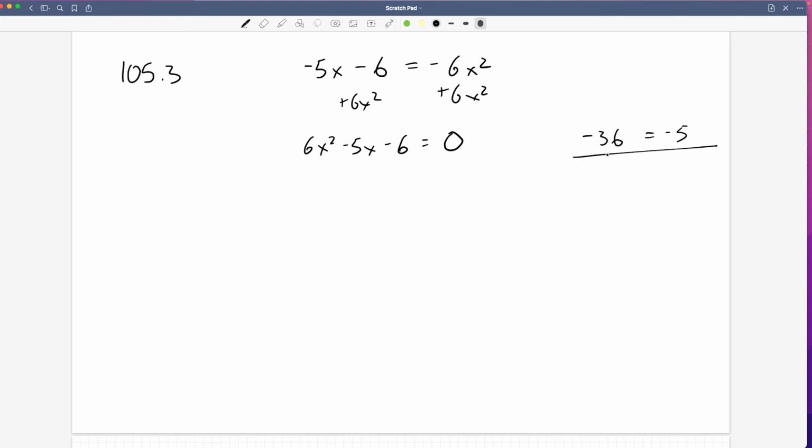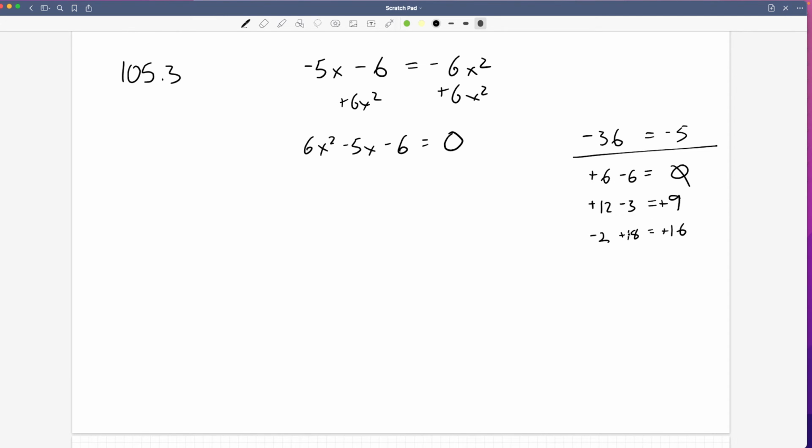So the only way that I know to make 36 is positive 6, negative 6, which is 0. So that's not it. Then we have positive 12, negative 3, which equals positive 9. That's not it. Then we have, let's see, negative 2, positive 18, which equals a positive 16.